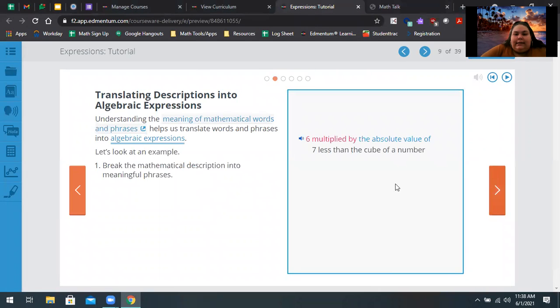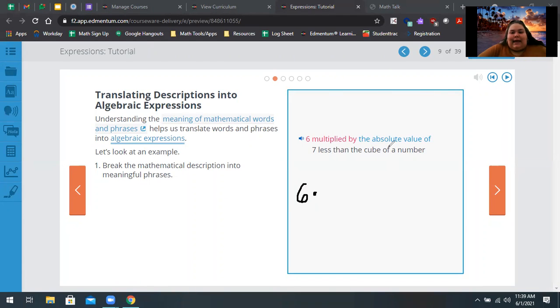But let's take a look at this one right here. Okay. So it says 6 multiplied by the absolute value of 7 less than the cube of a number. Let's work on that together. We know 6 multiplied, so we're going to have 6 times something.